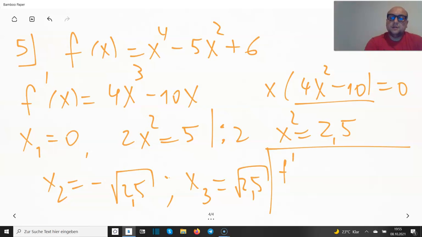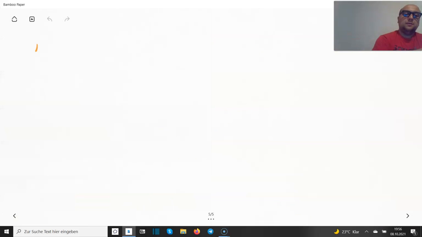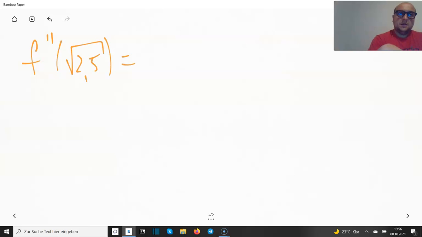Now the second derivative would be 12x squared minus 10. Well, if we put in 0, you see it's minus 10. It's less than 0, so it's a max. And if we put in the square root of 2.5, that would be, what was that? I don't remember. Sorry.